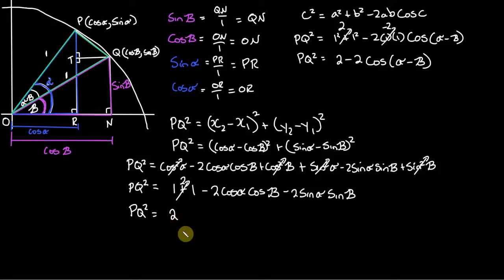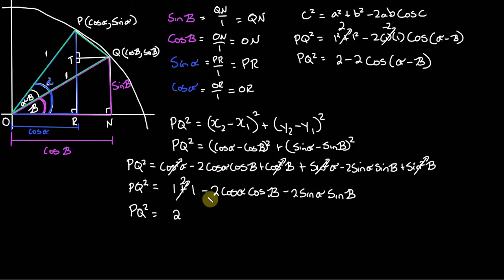Let's factor out a 2. Actually, no, that's not going to help us at all, I don't think. Or will it? We have 2 minus 2 cos alpha cos beta. This becomes positive. That's exactly what we want to do. Yes, so let's factor this out.